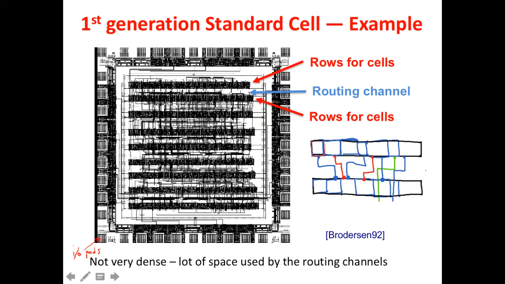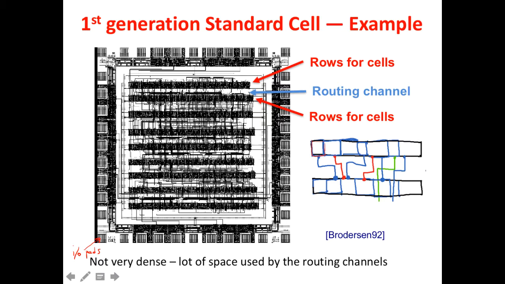Okay, so that's it. Displacement of the various standard cells on the rows can be done automatically, or can be done manually, or can be done in a mixed way according to the complexity of the circuit.